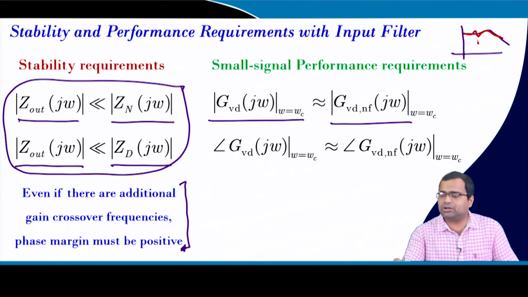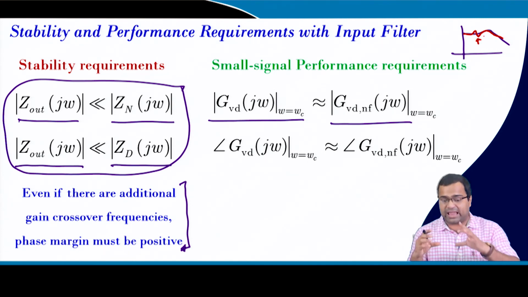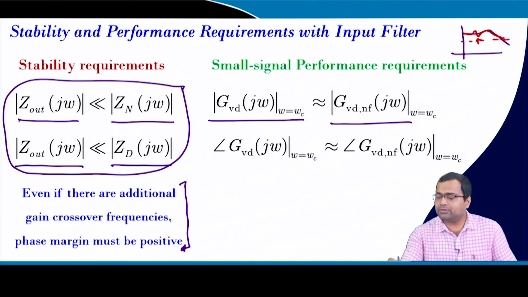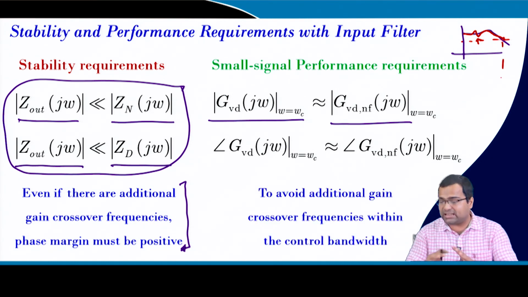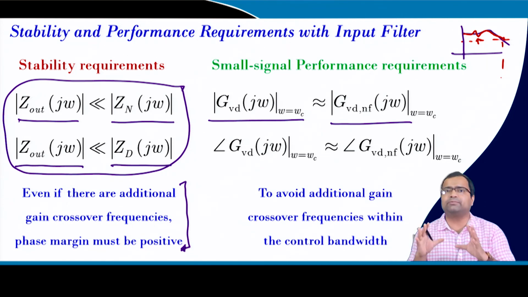So, this will not cause any extra crossover frequency, and if you ensure that your crossover frequency remains unaffected with and without input filter, and the phase margin at this point remains same and no additional crossover frequency, then you can say with and without input filter the performance will be closely equivalent.